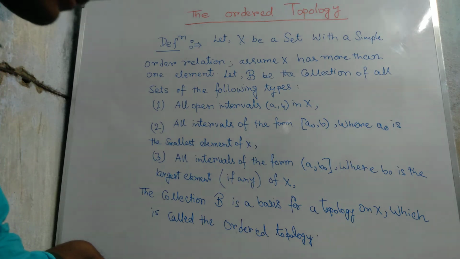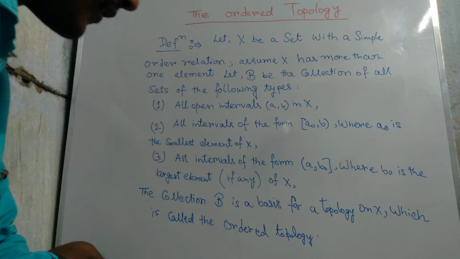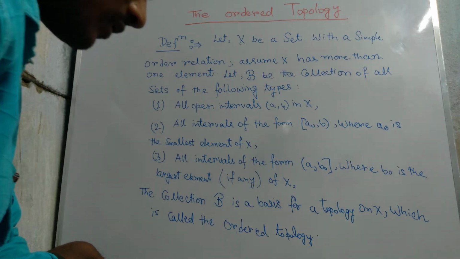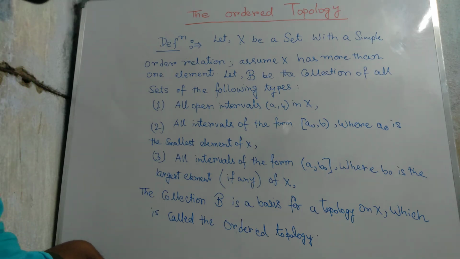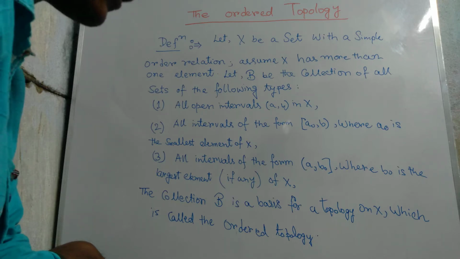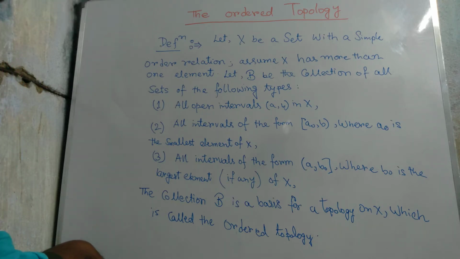Also closed a open b is the set of x such that a less than or equal to x less than b, and closed [a,b] is the set of x such that a less than or equal to x less than or equal to b. These intervals were all known previously, so we just read them and understand them.